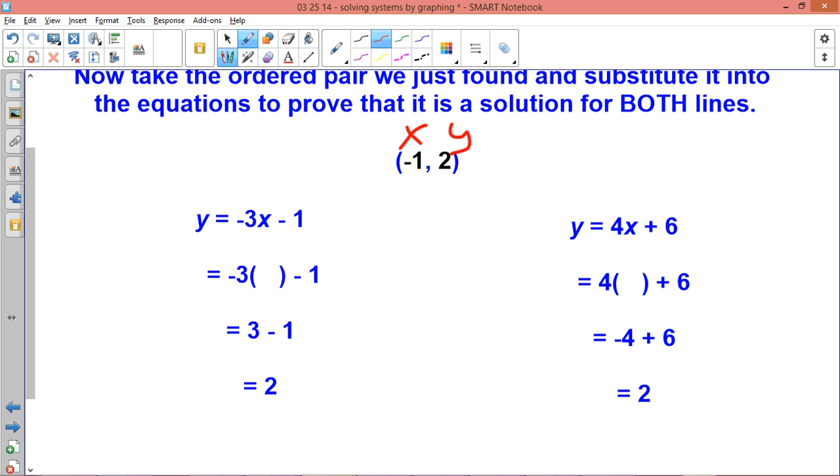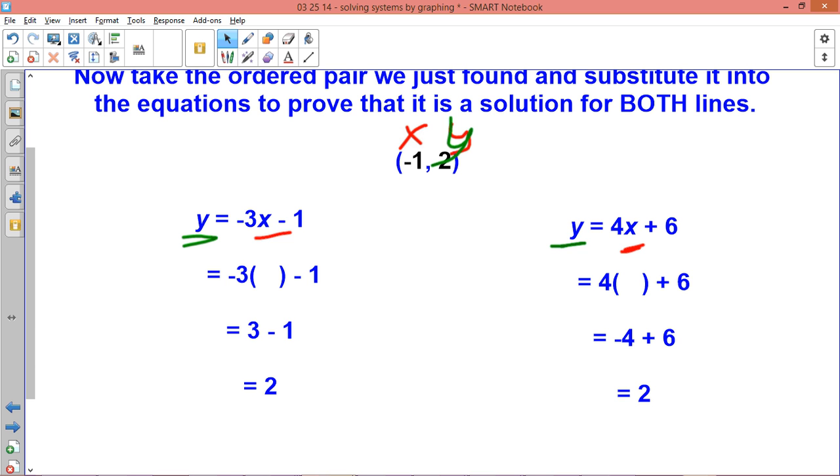I'm going to plug in x every time I see an x in the first equation and in my second equation, and plug in y every time I see a y in my first equation and in my second equation. And then I'm going to look to see if my equations give me true statements.